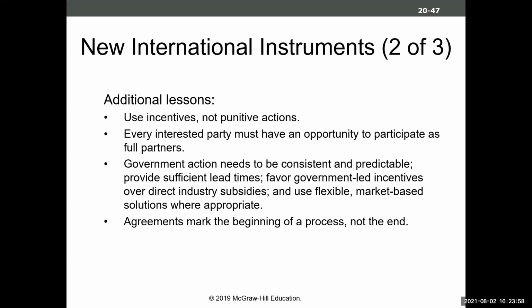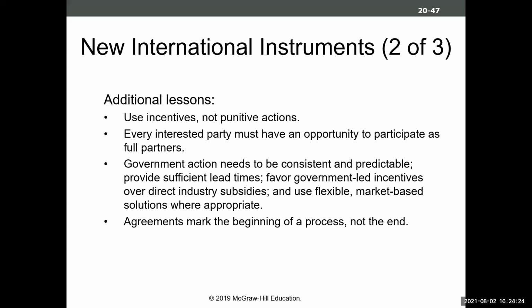And then every interested party needs to have an opportunity to participate. They need to be involved. They need to be heard. They need to be a part of the discussion. Government action needs to be there. It needs to be consistent. It needs to be predictable. We don't need to guess when they are going to come and when they're not going to come, when they're going to get involved, when they're not going to get involved.